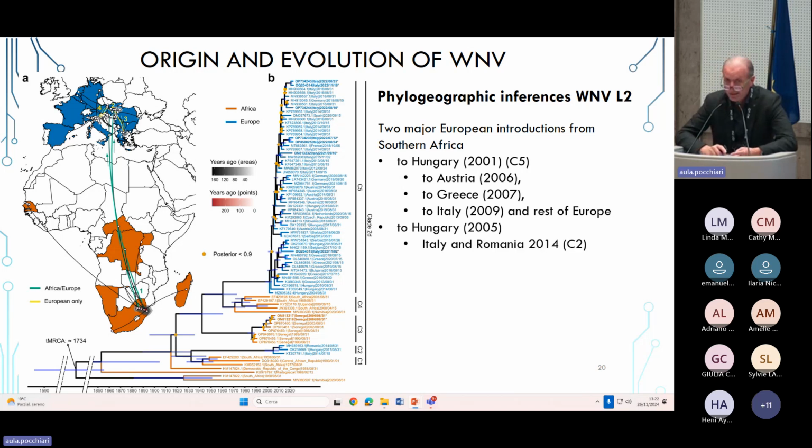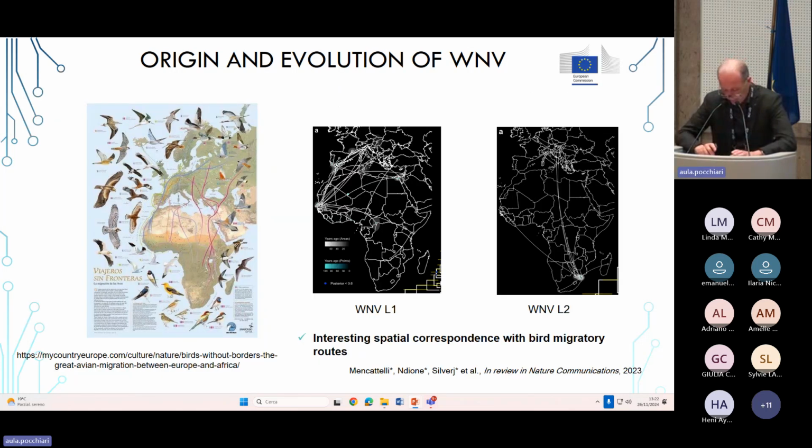Then we have a second incursion, probably around 2005, to Hungary, and then from Hungary to Italy and to Romania in 2014.